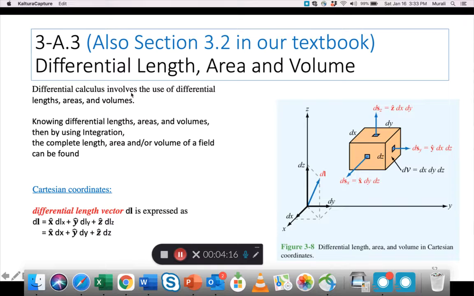So differential calculus involves the use of differential lengths, areas and volumes. Knowing differential lengths, areas and volumes, then by using integration, the complete length, area and or volume of a field can be found.